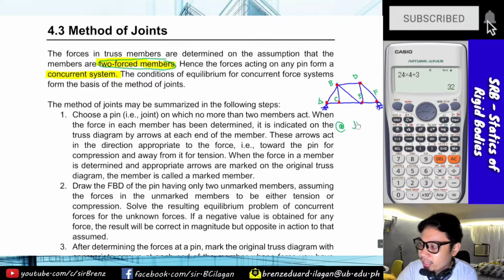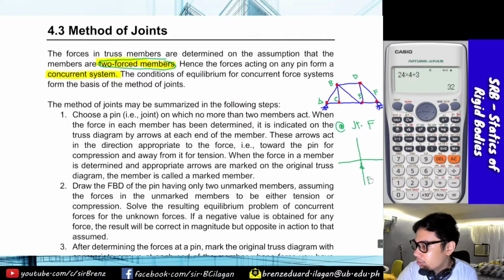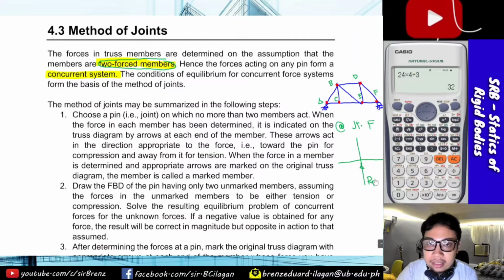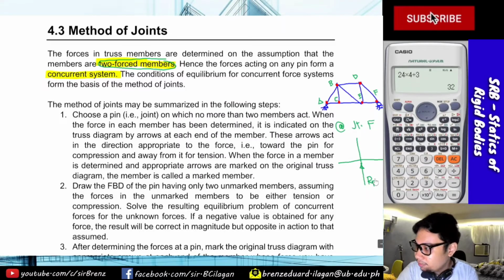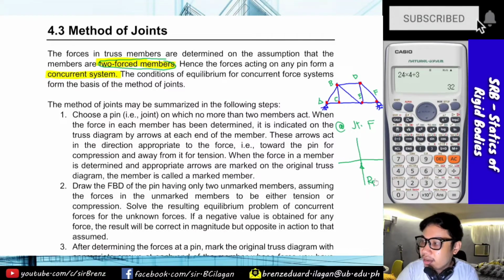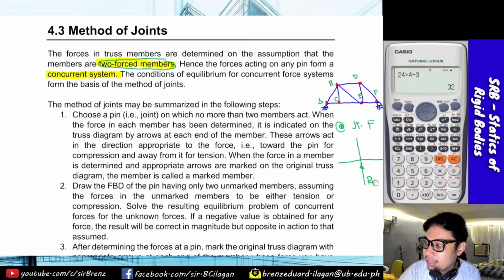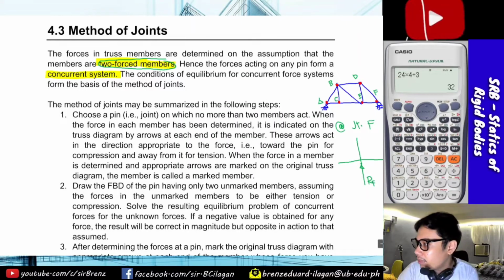Ano ba yung makikita nating mga forces doon sa joint F? So, gawa ka ng X and Y plane. So, una, meron ka ditong reaction. So, that is your RF. So, again, gaya nga ng sabi ko nung last meeting, ang initial step in solving a truss problem is to determine first the value of your reaction. Kasi, isasama mo yan sa analysis mo. Okay? So, for example, maglagay na lang din ako dito ng mga load.